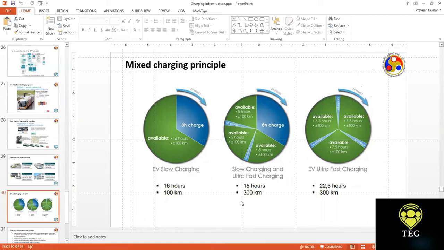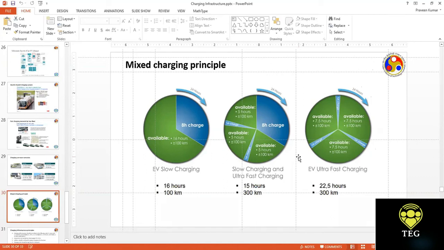And if you have ultra fast chargers throughout, then you will spend just 1.5 hours for charging the vehicle throughout the day in a 24-hour cycle, and you would have your vehicle available for 22 and a half hours, and the range that you would be getting is around 300 kilometers.